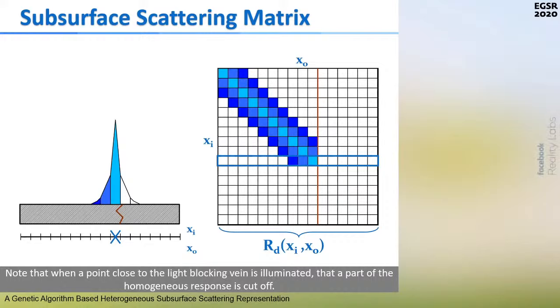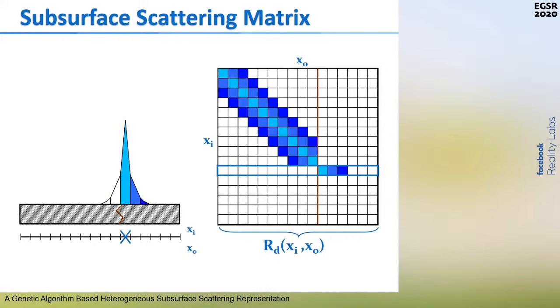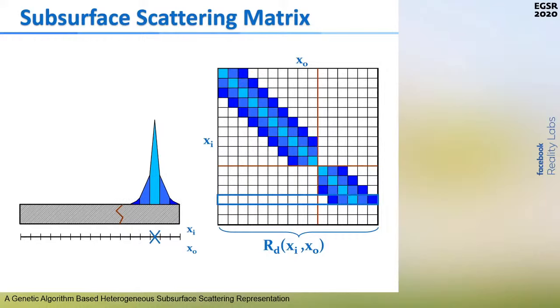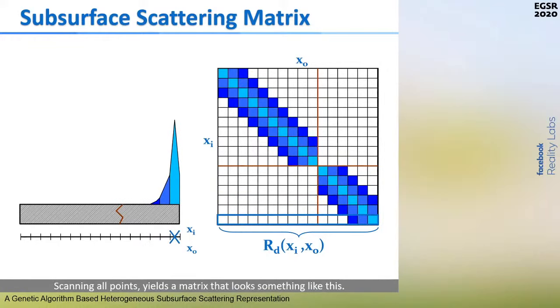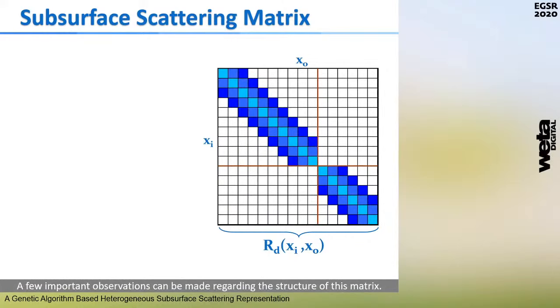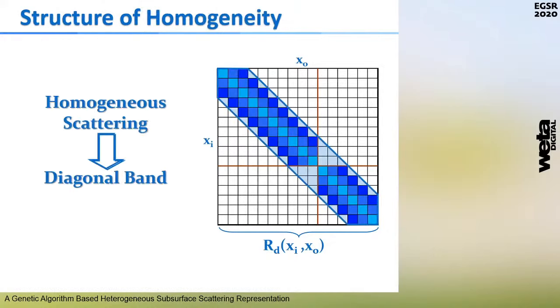Note that when a point close to the light-blocking vein is illuminated, a part of the homogeneous response is cut off. Scanning all points yields a matrix that looks something like this.